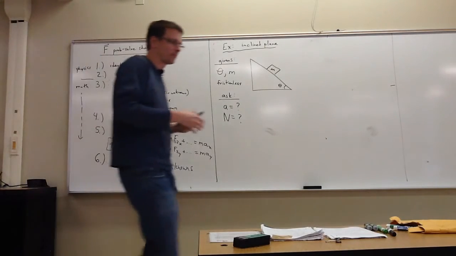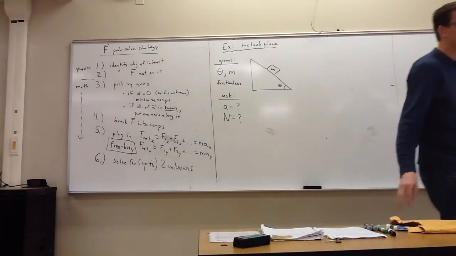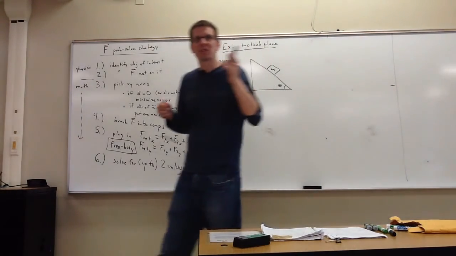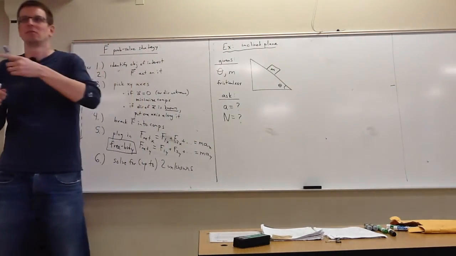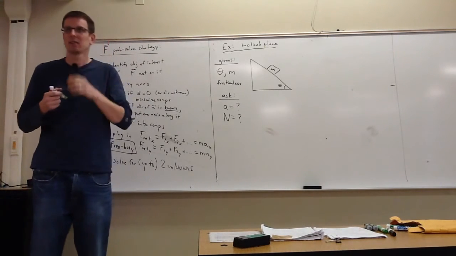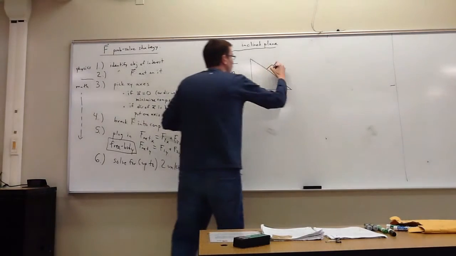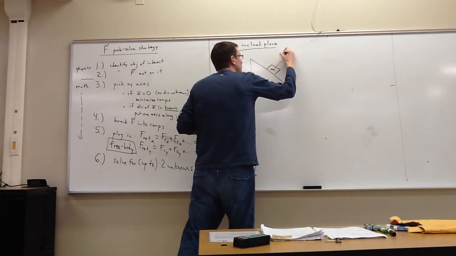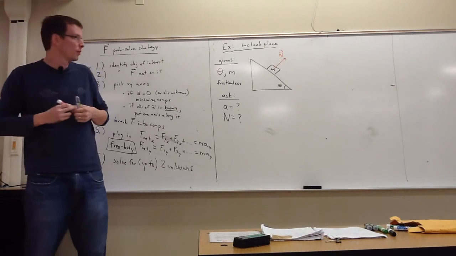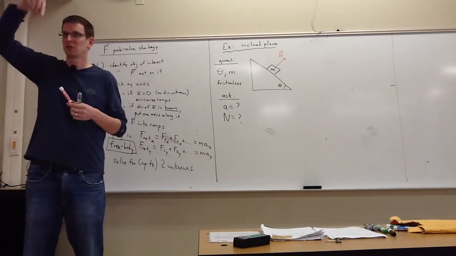Step 2, identify forces that act on that. Can anyone tell me a force that acts on that mass? Normal force, for sure. Which direction does it act? Perpendicularly away, like that. Okay? What's another one? Gravity, right? Which way does that act? Straight down, okay?